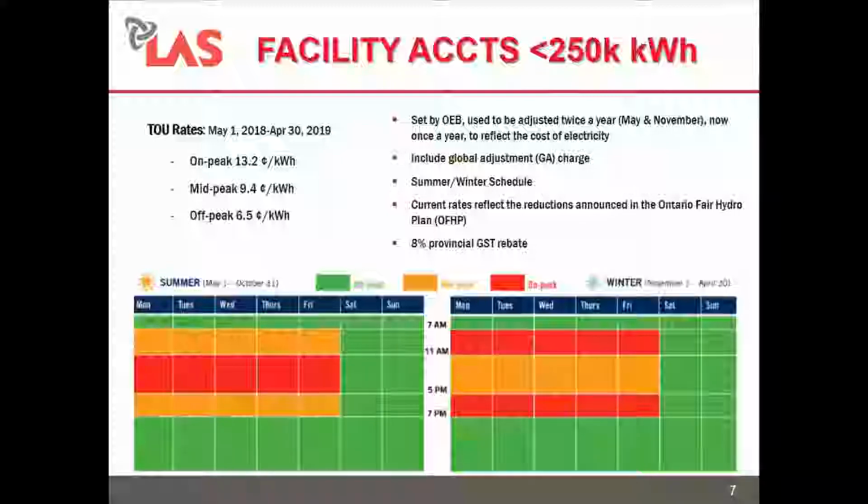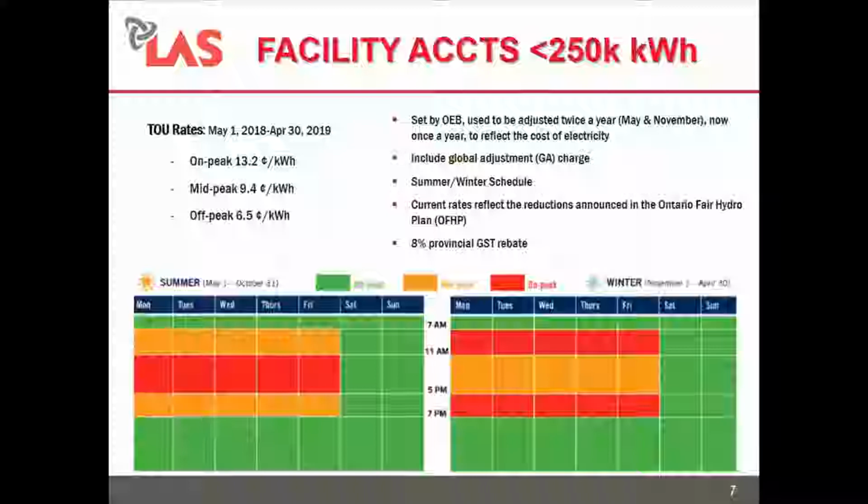So let's move on to the smaller accounts who use less than 250,000 a year. We just talked about in the earlier section the TOU price, time of use. You probably see this on your home electricity bills.